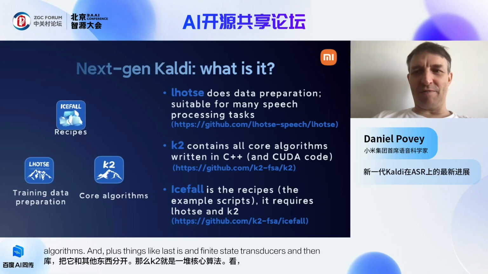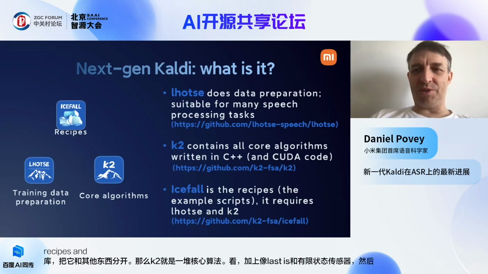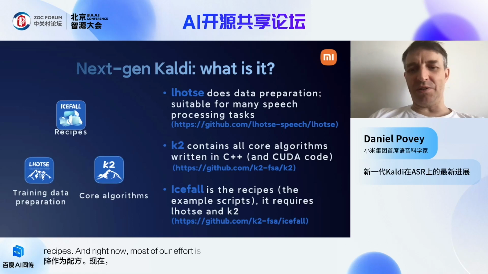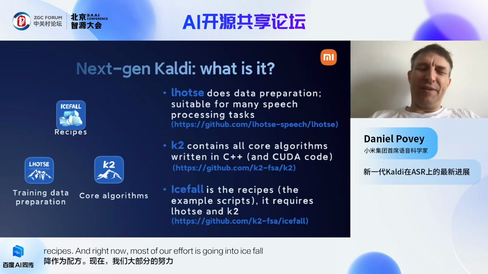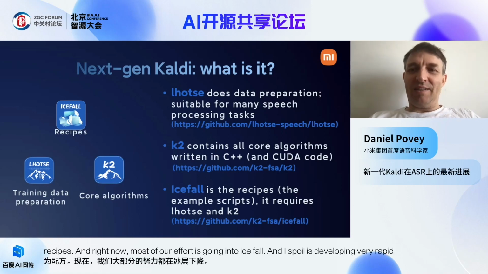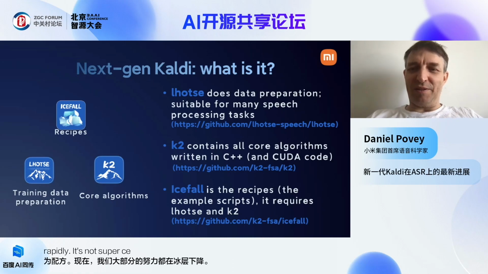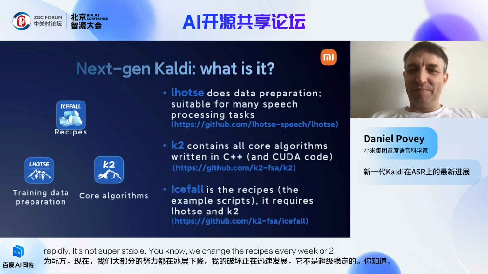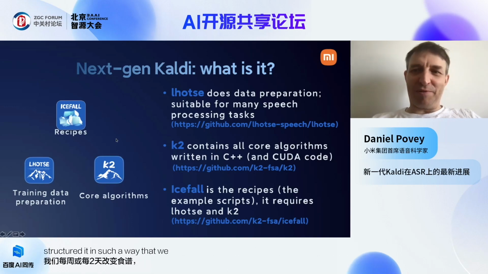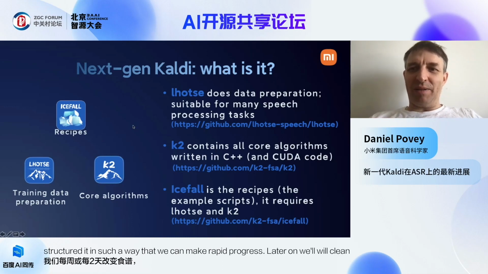And then Icefall is the recipes. Right now, most of our effort is going into Icefall, and Icefall is developing very rapidly. It's not super stable. We change the recipes every week or two, but we've structured it in such a way that we can make rapid progress. Later on, we'll clean it up a little bit.